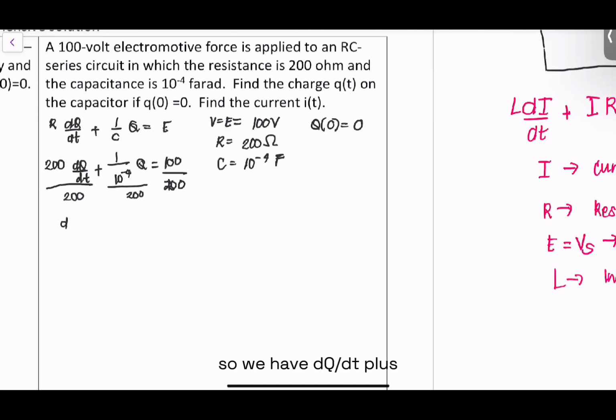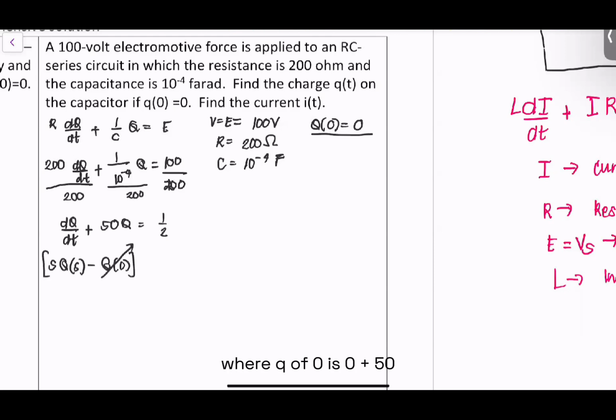So we have dq over dt plus 50q equal to 1/2. With this, we can have s Q of s minus Q of 0, where Q of 0 is 0, plus 50 Q of s equal to 1 over 2s.